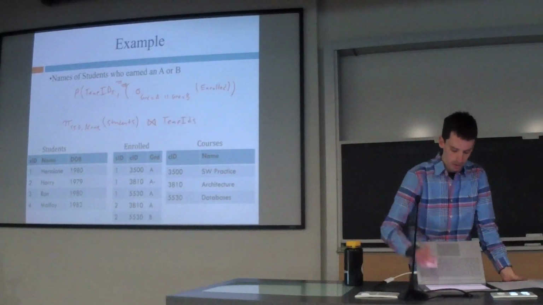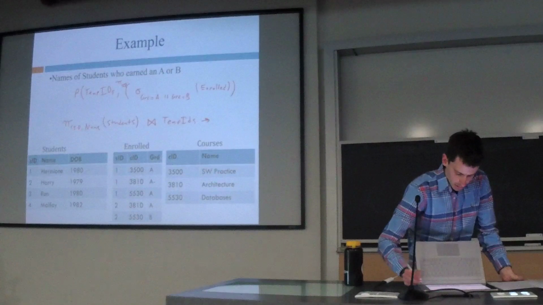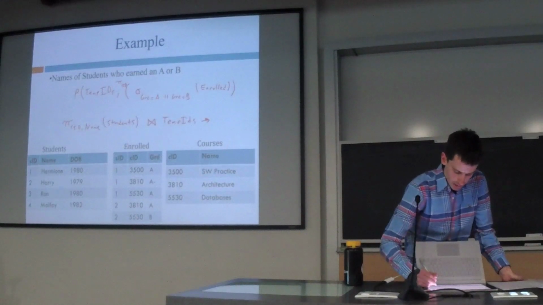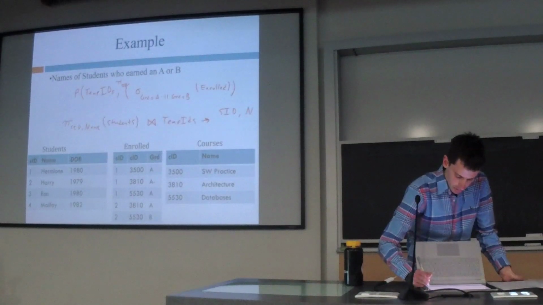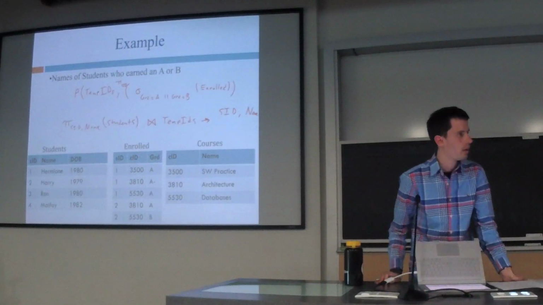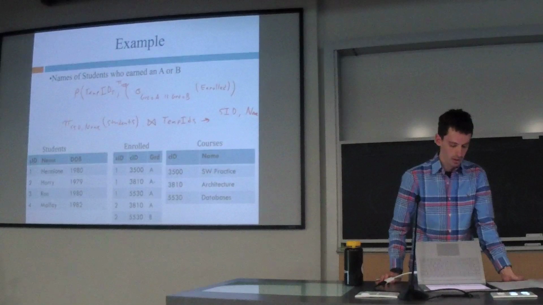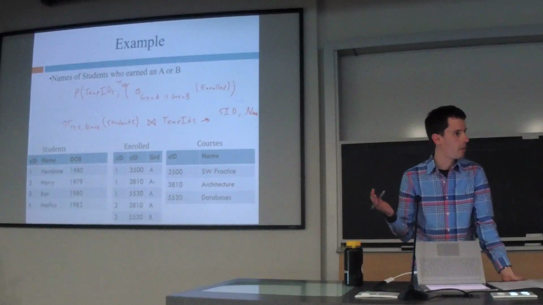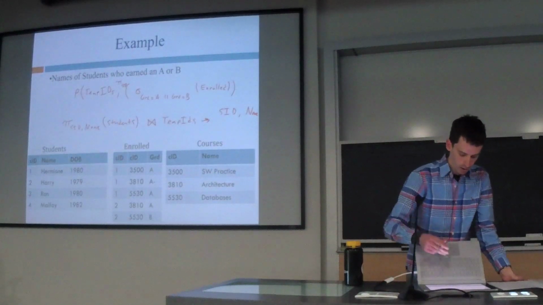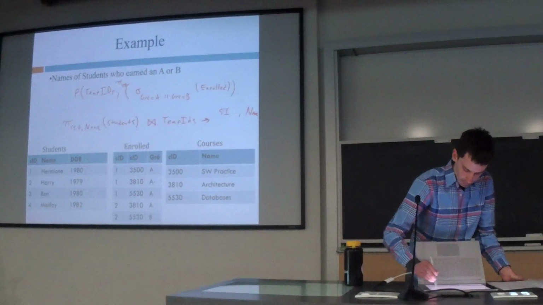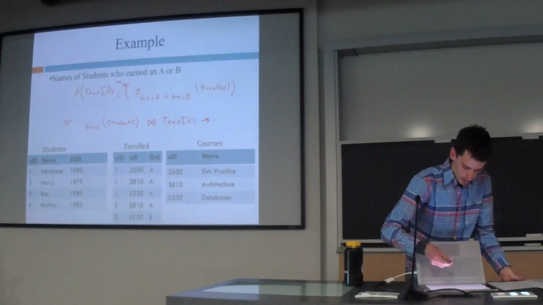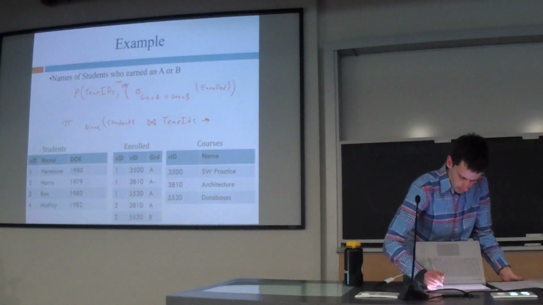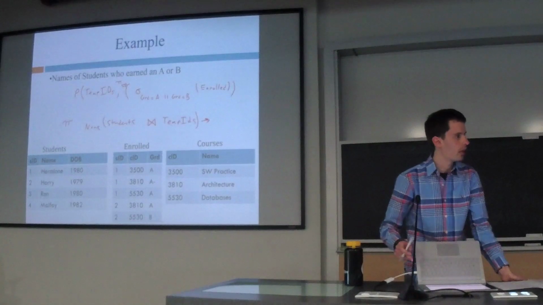So that will result in a relation containing SIDs and names. If we just want the names, we could project name out of that. Or, alternatively, we can just project name out of that whole natural join.